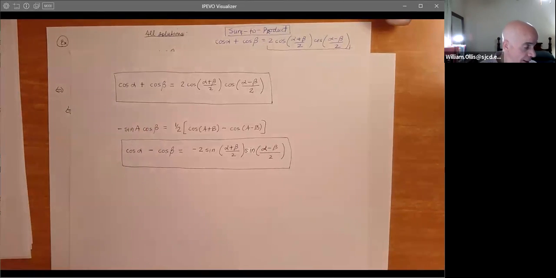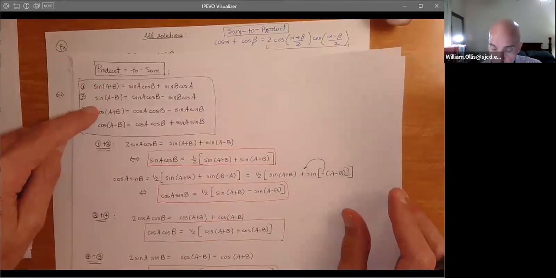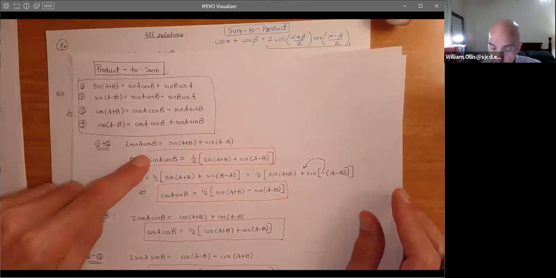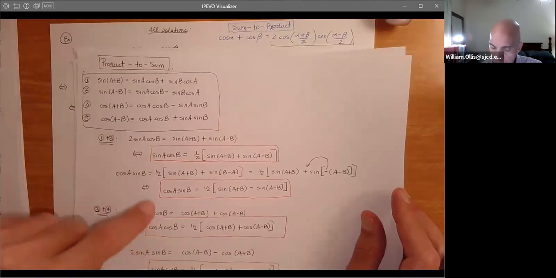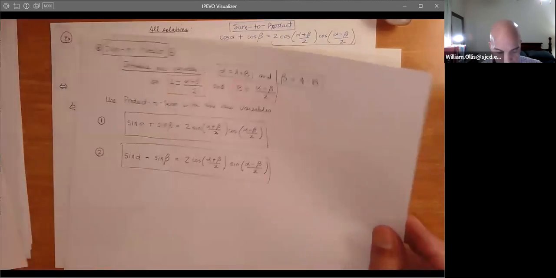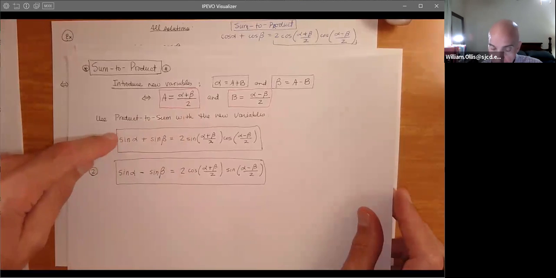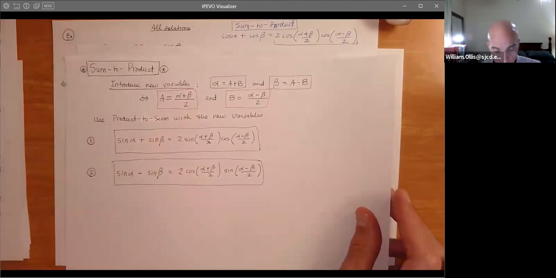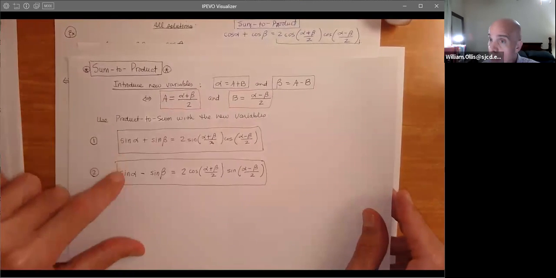Because if we think about it, remember, ladies and gentlemen, we started with the addition, subtraction formulas. We got the product to sum. Those are, again, with these, easy to derive. But then from here, we did the change of variable, right? And we got the sum to product. So here, product to sum to product, very limited.